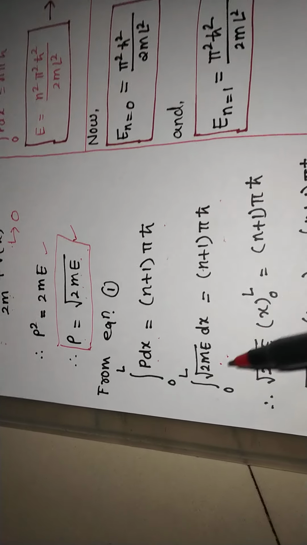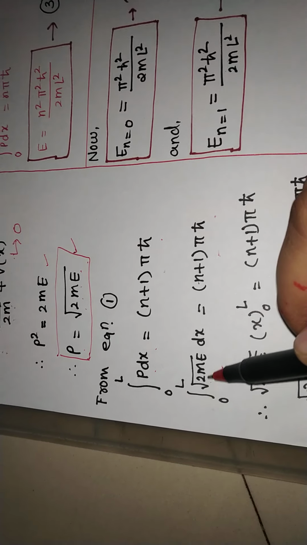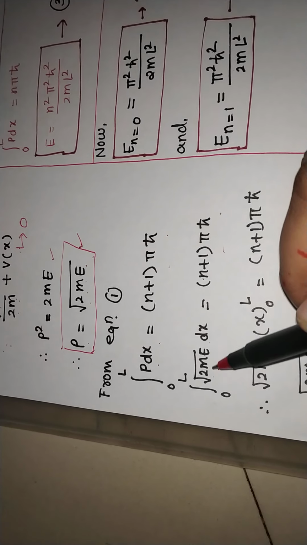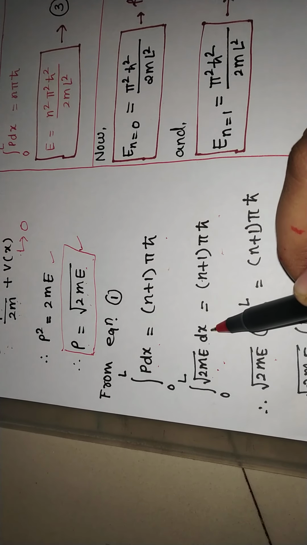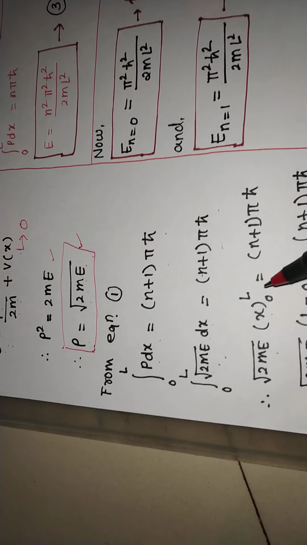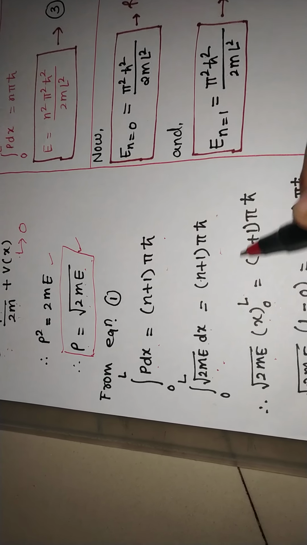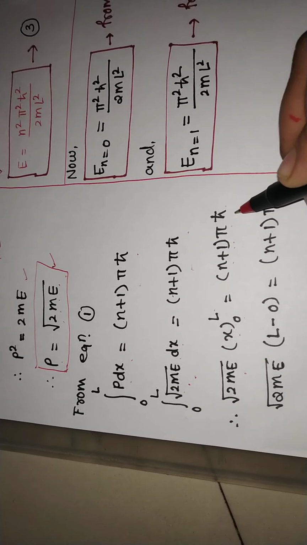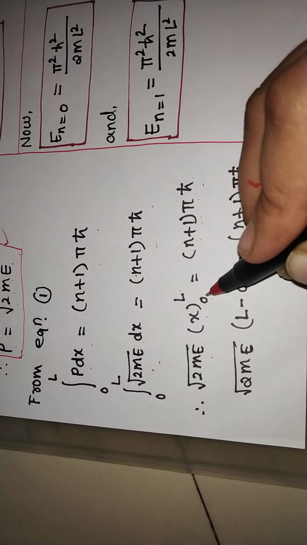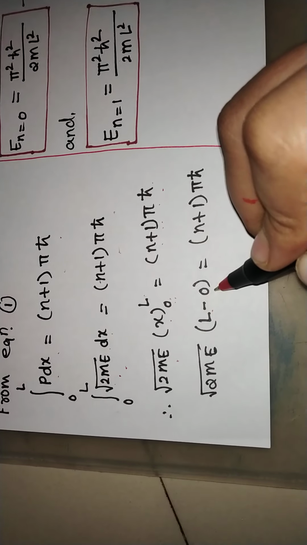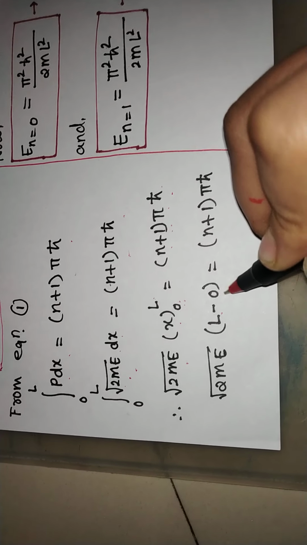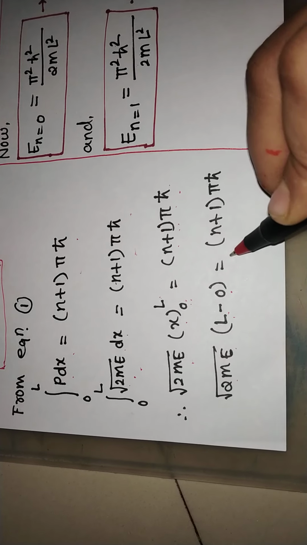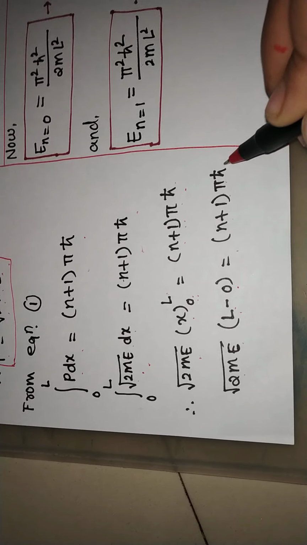As we can see, root over 2mE is constant, so we can take it outside, and the integration of dx gives us x, with limits 0 to L. After putting in the limits we get L minus 0, so we have root over 2mE into L equals n plus 1/2 pi h cross.